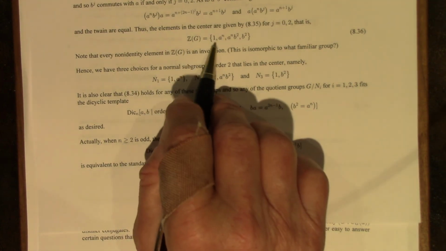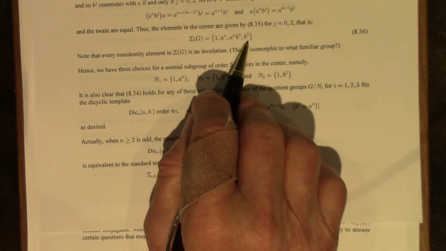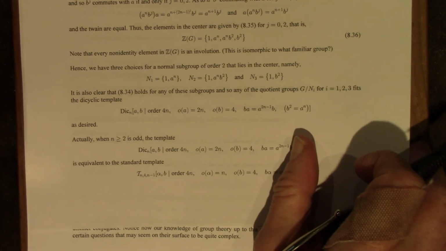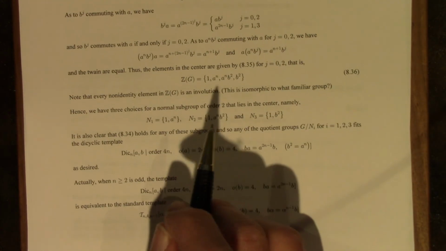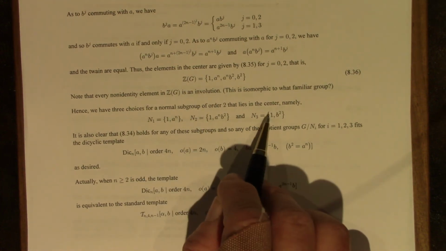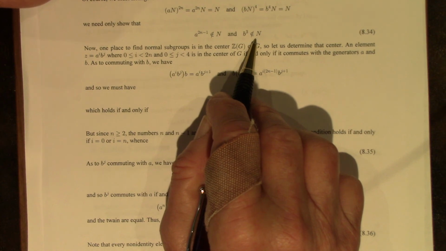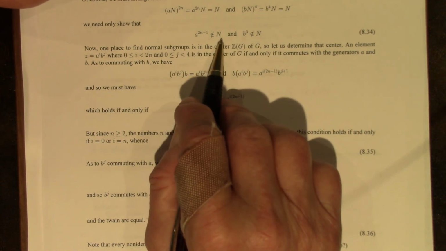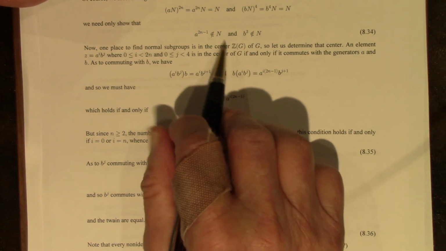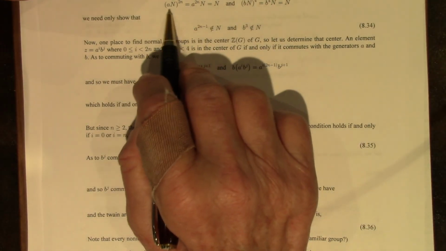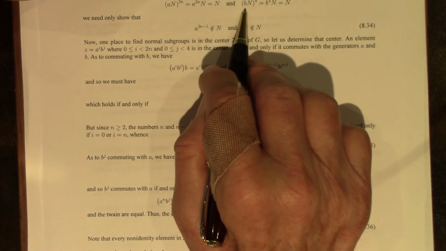We take the identity and any one of these 3 involutions, and it's not difficult to see that for any one of these choices, we will have this property here, which is what guaranteed that the cosets aN and bN have the correct order. aN has order 2n, bN has order 4.